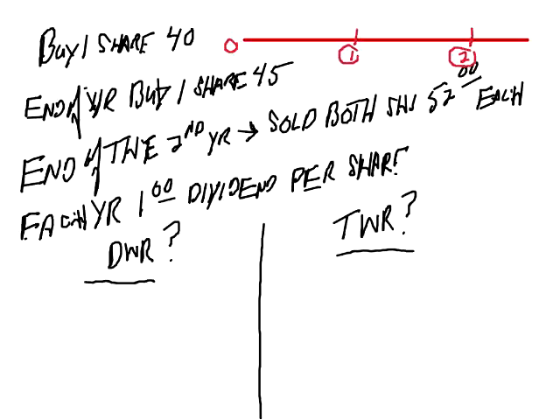Anybody have an answer? How about the dollar rate of return? Let's get that one out of the way. So Heather has an internal rate of return of 16.8284. You got it. Which is another way of saying 16.83. Good job.